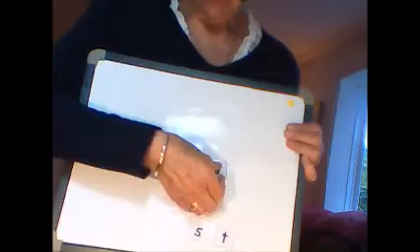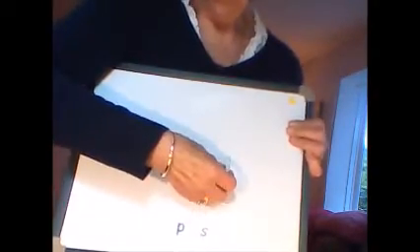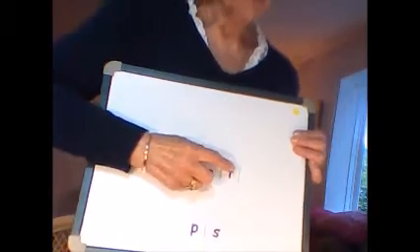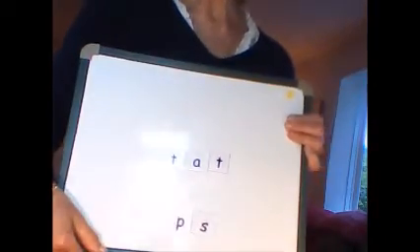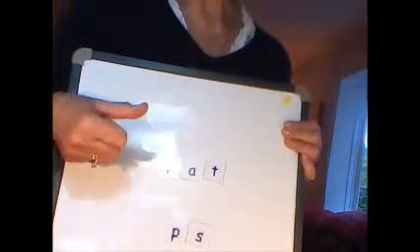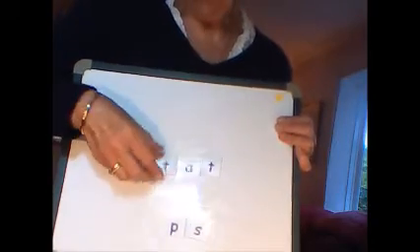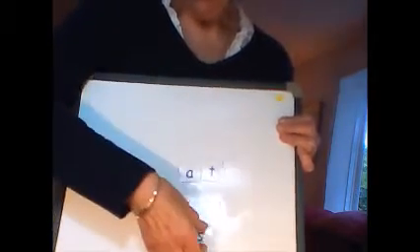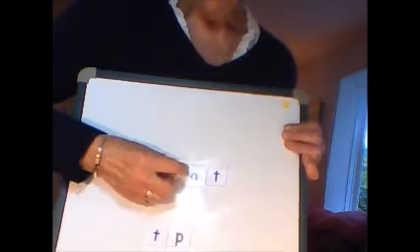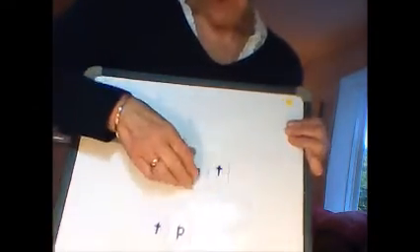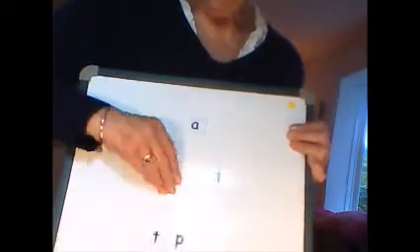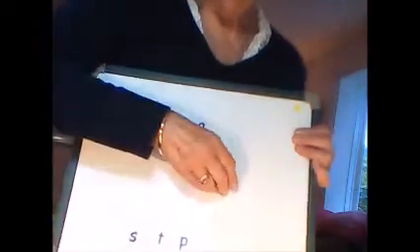So we want to take this one away and put another t up there, t, a, t. And then we can make sat again if we want, s, a, t. Sat, sat. Now we can do another series of words.